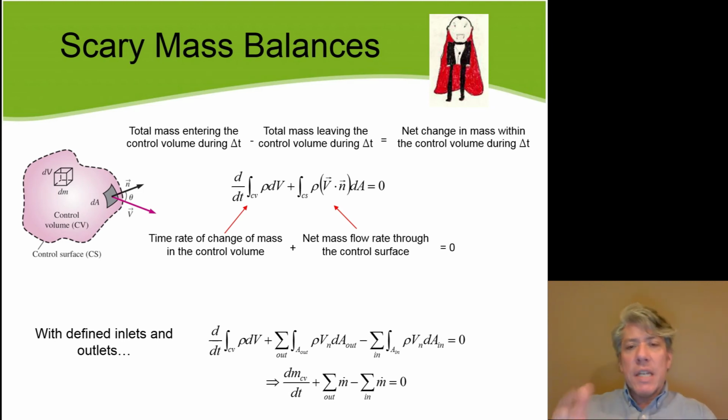And so we still need to sum over all of the outflows, but again, if the density across an entire cross-section coming out is the same, and as long as we can assume some average velocity, that comes out of the integral, and we just end up with a mass flow rate coming out of all the particular orifices.